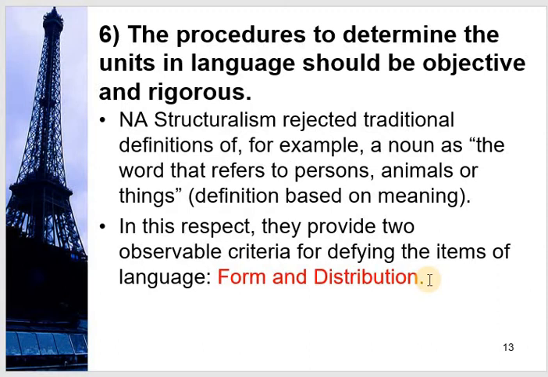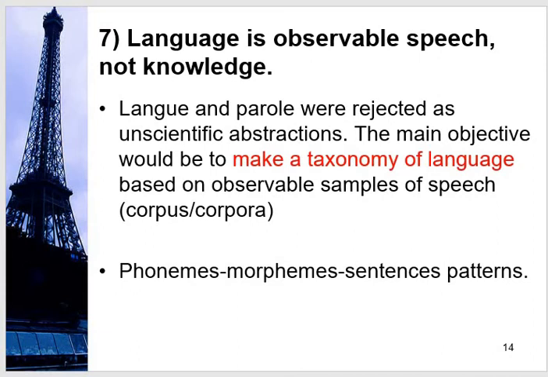One word is an NP, noun phrase. In this respect, they provide two observable criteria for defining the items of language: form and distribution. And these North American structuralists highlight form and distribution of language.